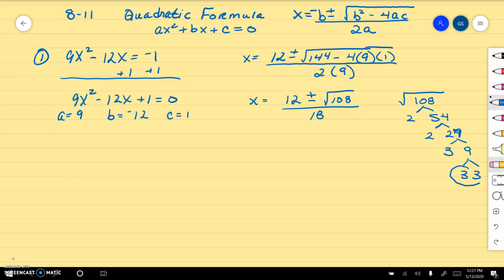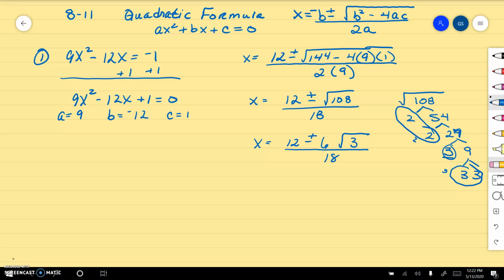So we have double 3s, double 2s going out, and a single 3 staying in the house. So it's x equals 12 plus or minus the 2's and the 3's come out as a 2 times 3, which is 6. What's left over goes on the inside of the radical sign, and then all over 18.